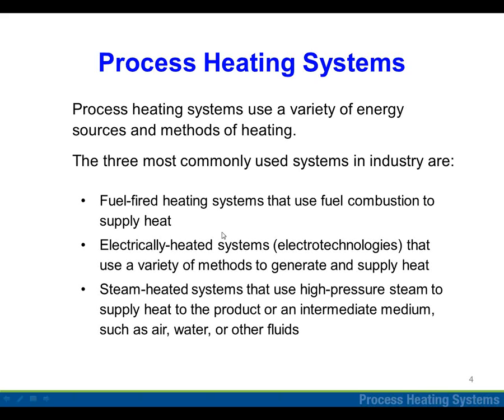The second one is electrically heated systems. And since you are working for a mini mill, you all know that the electric arc furnace uses lots and lots and globs of electrical energy. So fuels and electricity are the two major sources for an EAF kind of plant.